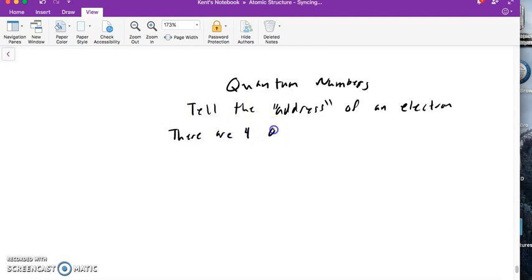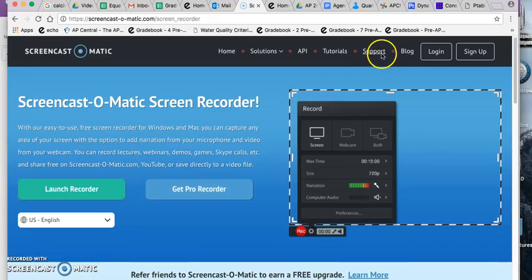The 4 quantum numbers, QN, are n, l, m sub l, and m sub s. n is called the principal quantum number. Principal, like p-a-l, not p-l-e. Let me look before I get it spelled incorrectly.